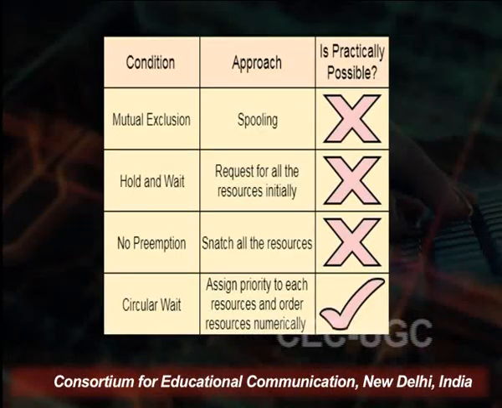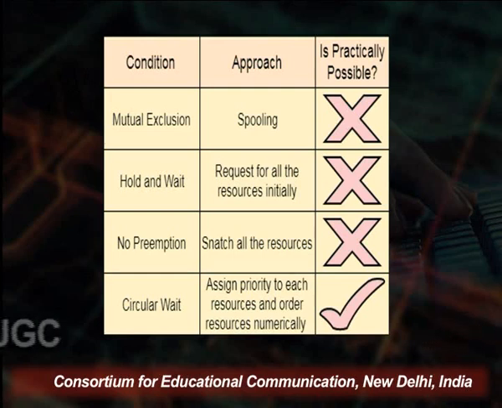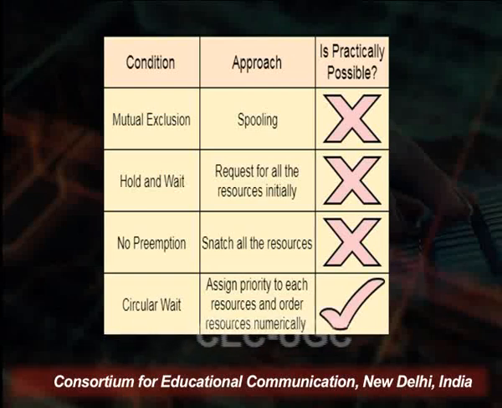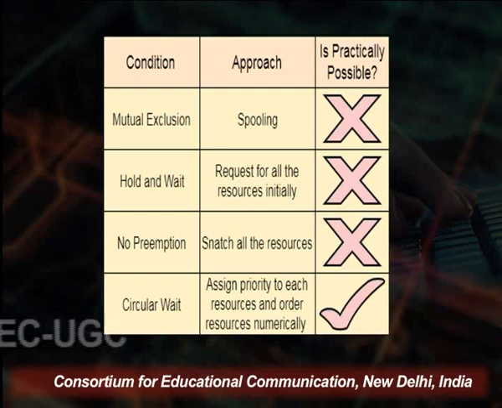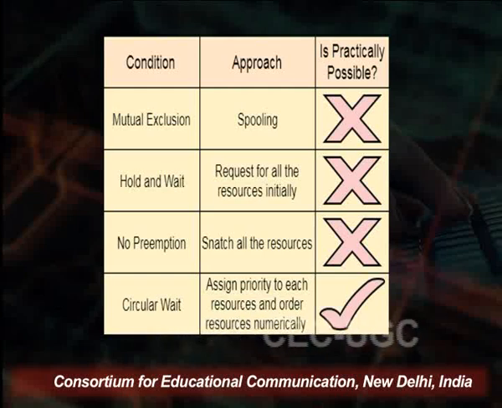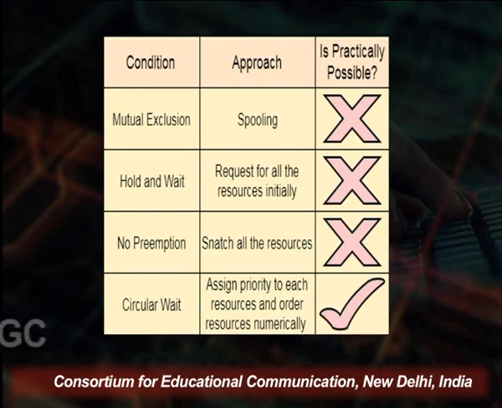So among all these 4 conditions, only circular wait is practically possible to violate, and here we will assign priority to each of the resources and order the resources numerically. That is something which is in the hands of an application developer, and that can be done. So till this point, let us recap what we have seen.